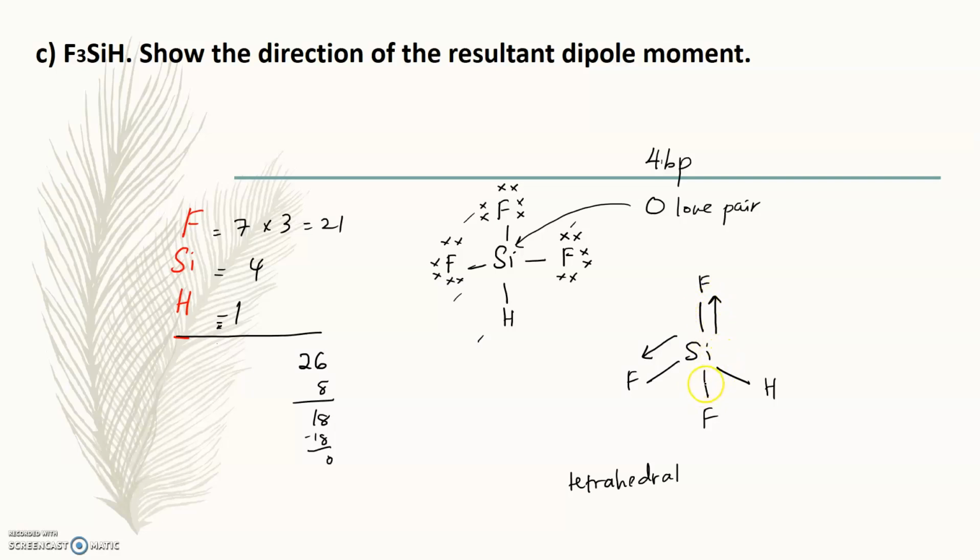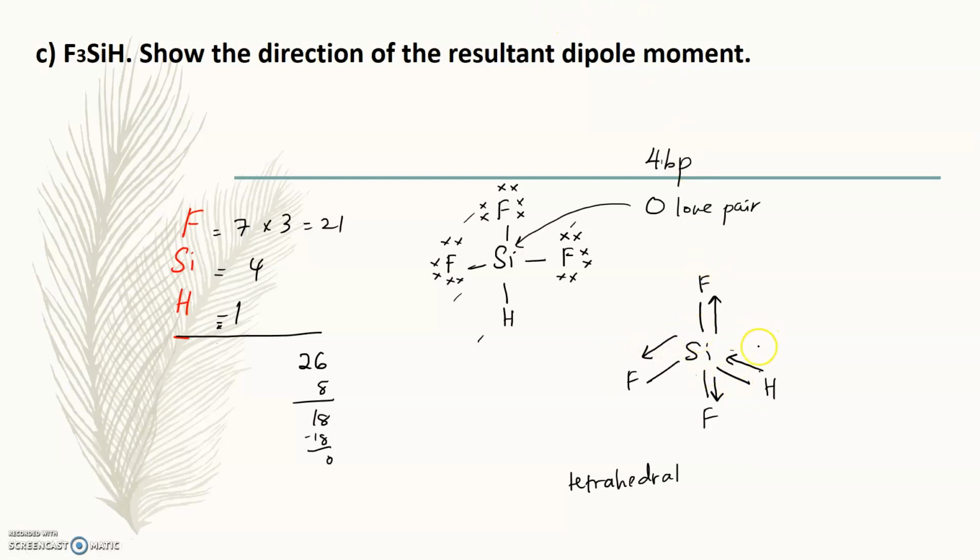Okay, this one is also the same towards fluorine. For bonding between silicon and hydrogen here, okay, silicon is more electronegative compared to hydrogen. So the electron share here will be attracted more towards silicon. Okay, so this is the resulted dipole moment.